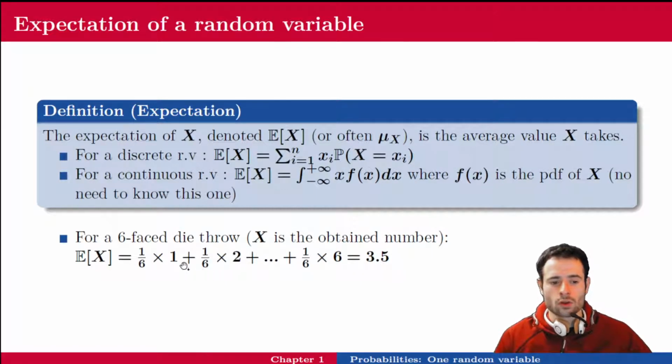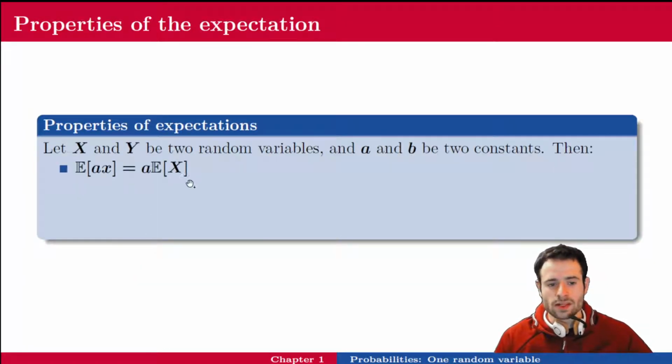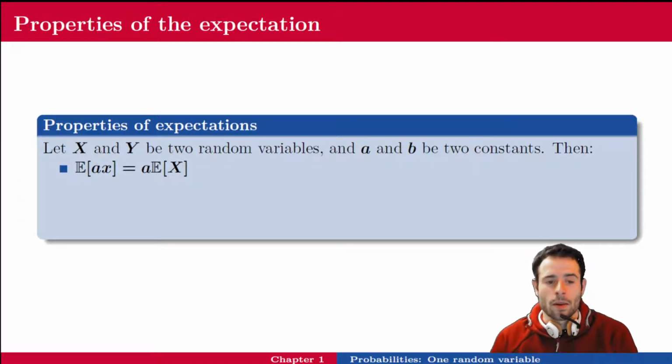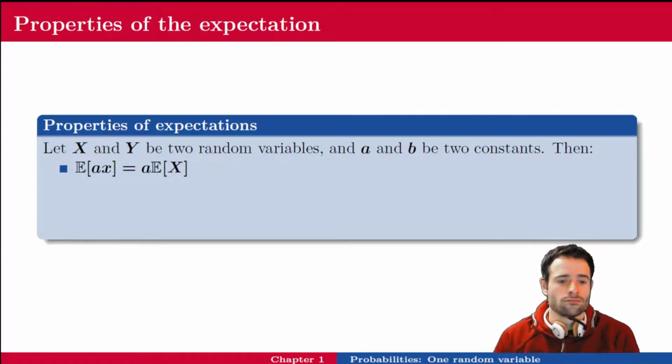So it's also equal to 2 times the expectation of X. And this is what this property is saying. Since a is a constant and we multiply every possible number we get by a, then it's the same as multiplying the overall average by a.